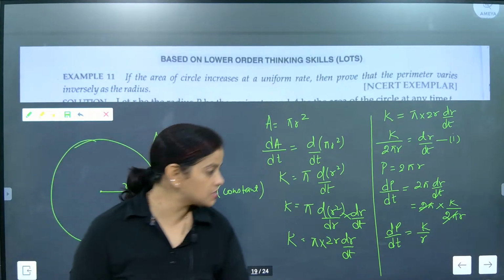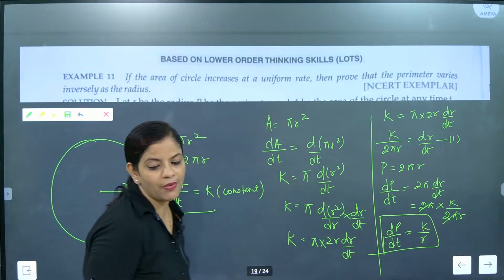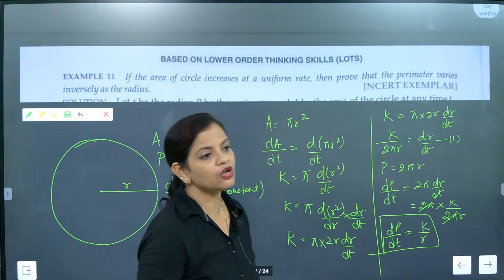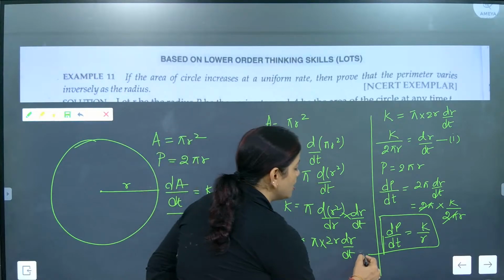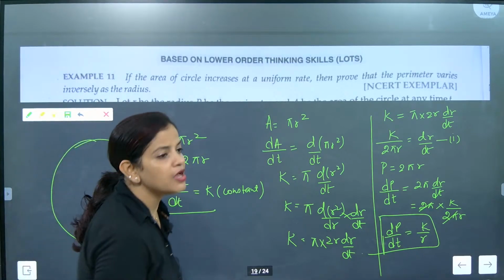So the moment we got dp by dt is equal to k by r, we proved a very important point: rate of change of perimeter is inversely proportional to radius.